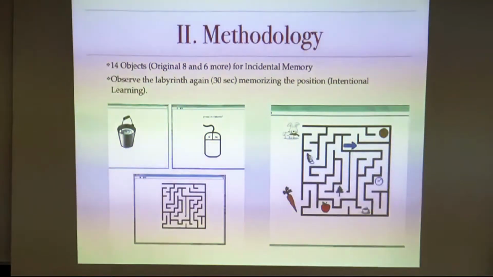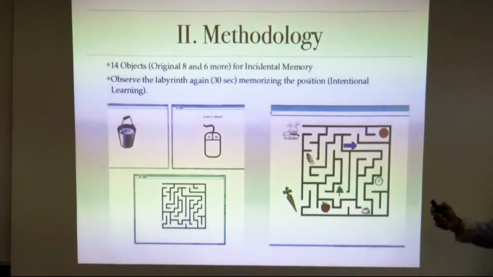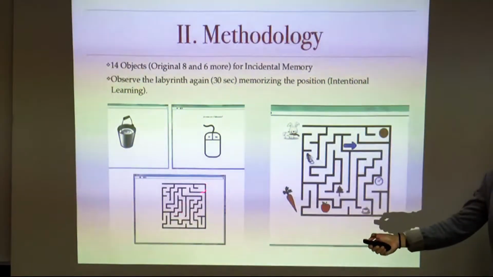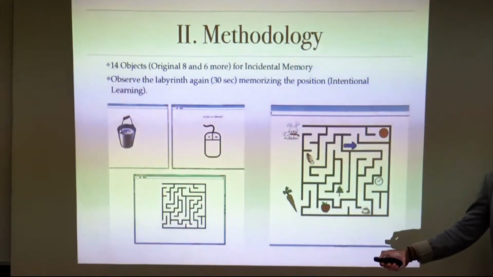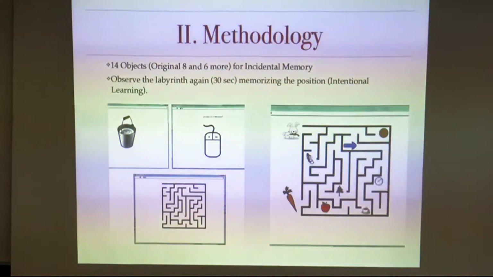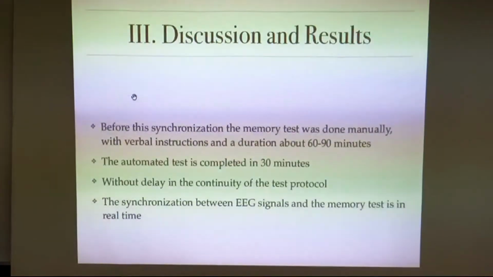If the object was in the labyrinth, we have to put it in the right place over here. After that, the labyrinth is shown again for another 30 seconds, but now the subject is requested to memorize or remember where the objects were placed on it.